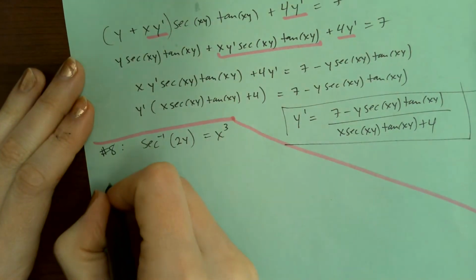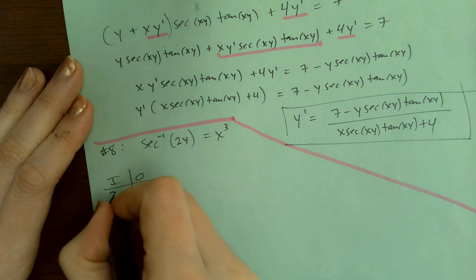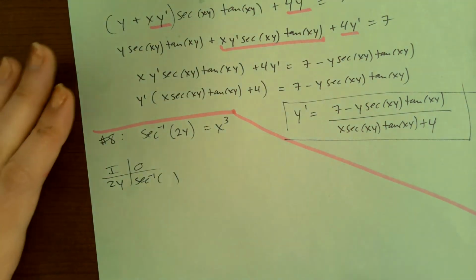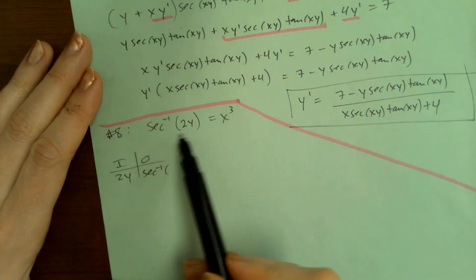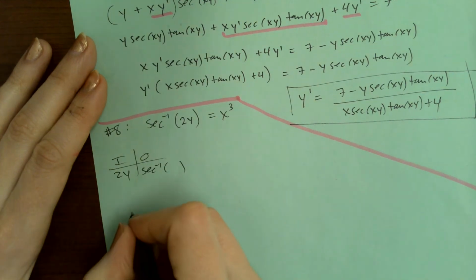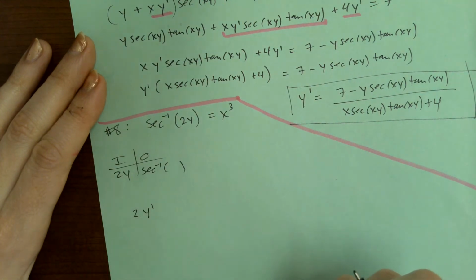Okay, so the derivative of this is going to be 2y prime.